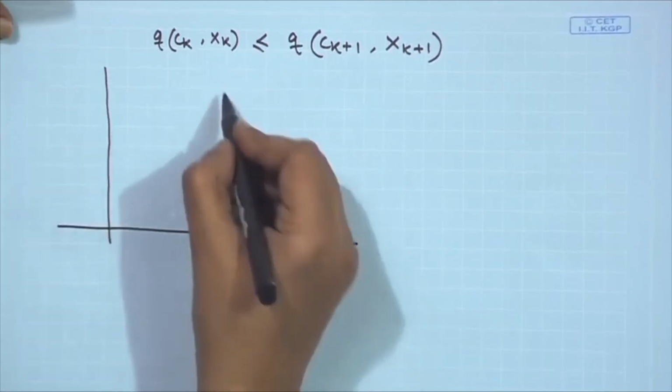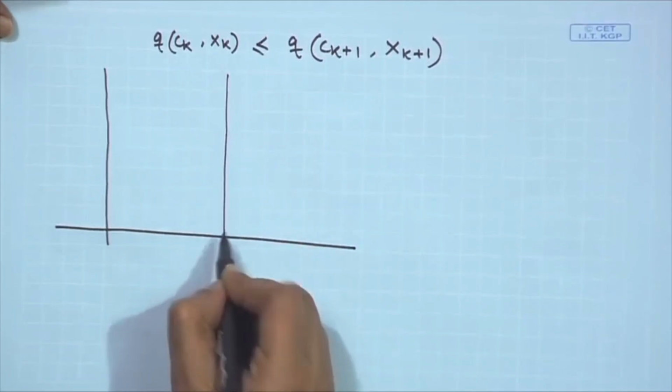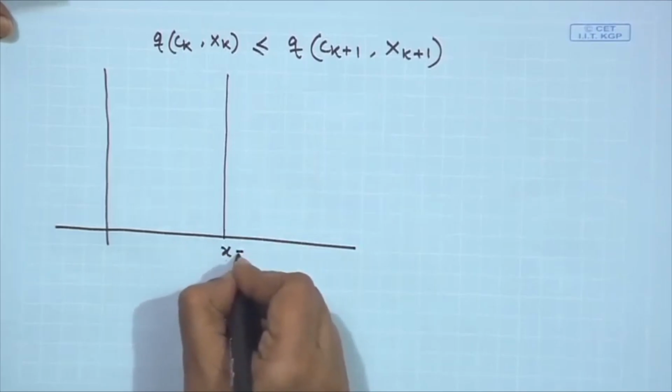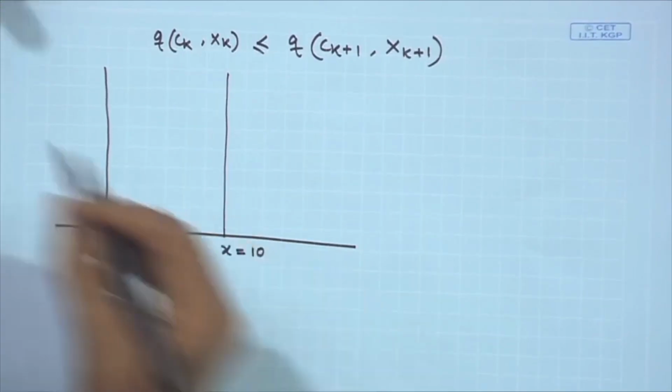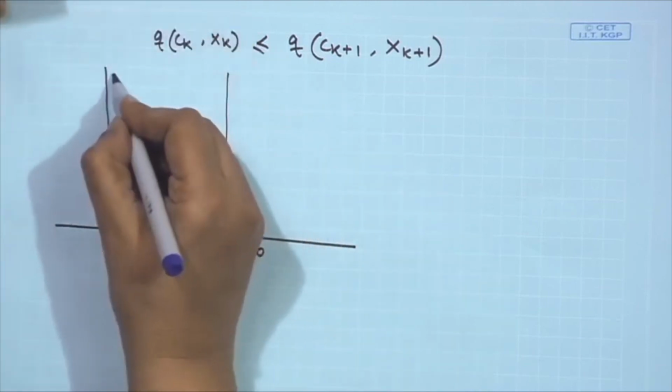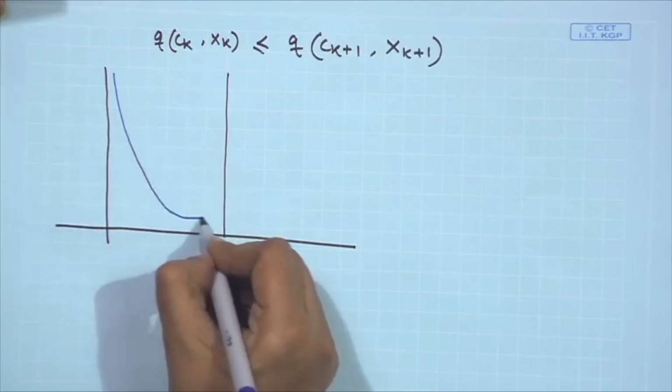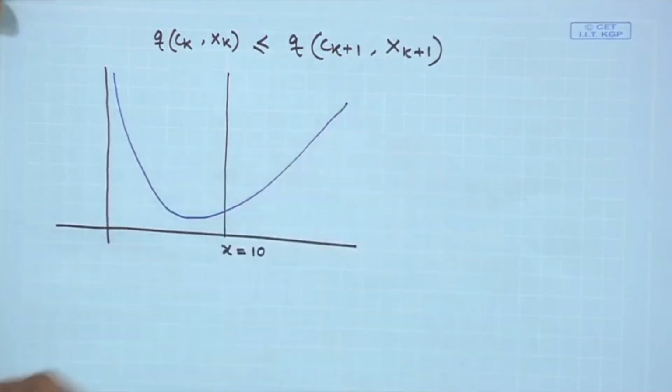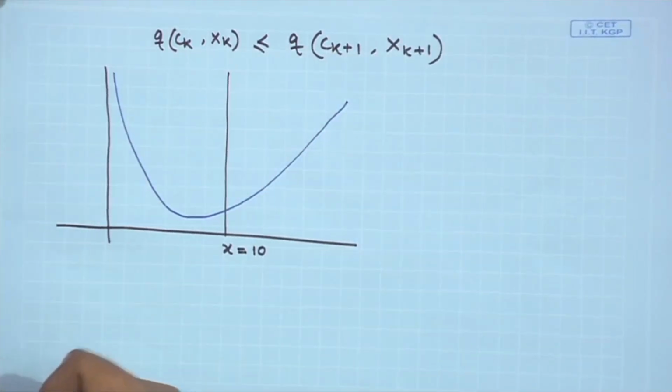Now, if we remember, we have considered the previous problem x equal to 10, all right, and for c_k, say this is the graph of q_{c_k}(x_k).